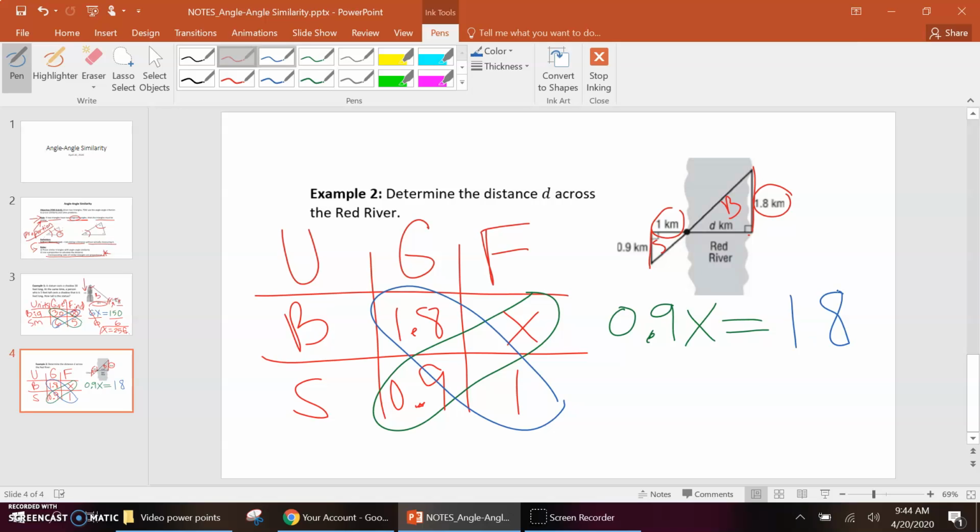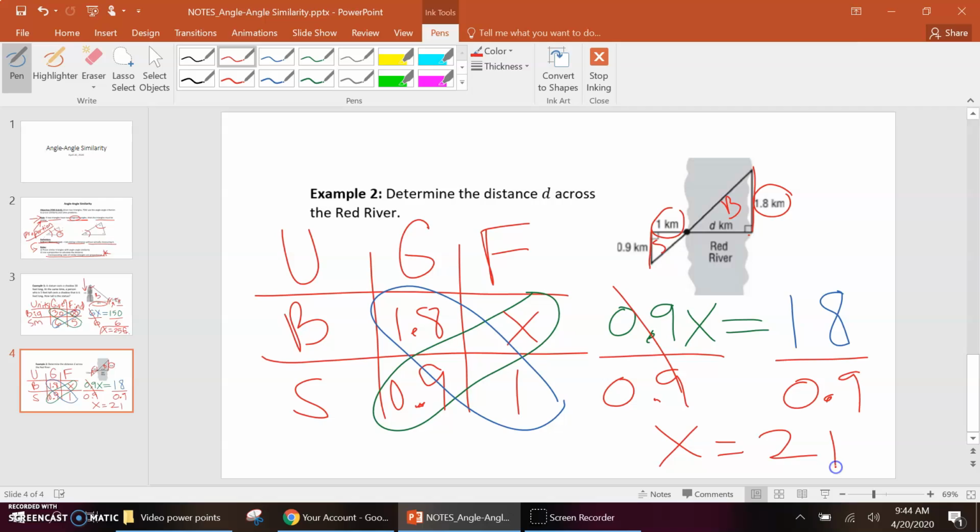Again, you're solving for x, so the only thing we can do now is divide by 0.9. And that's going to give us x is equal to 2. And don't forget there was a decimal there. Okay? So 2 kilometers for our Red River. Okay?